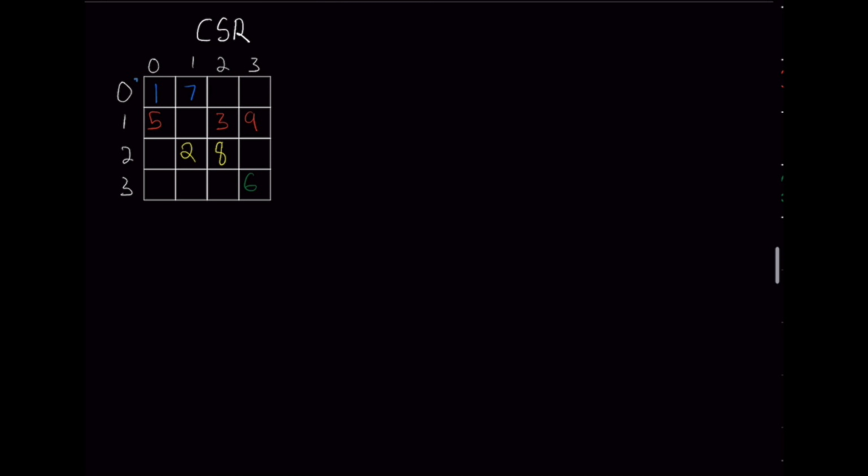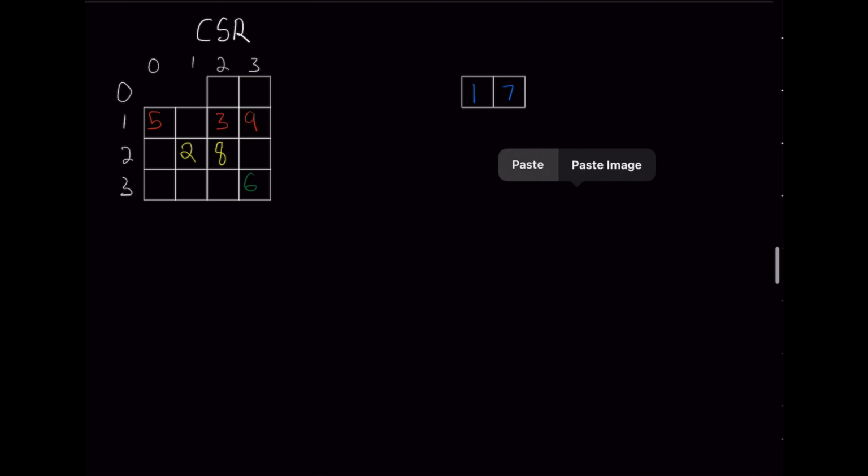So for row 0, we collect these non-zero values. And we also collect their column values, which were 0 and 1 respectively for row 0.